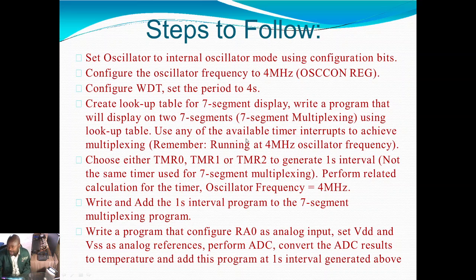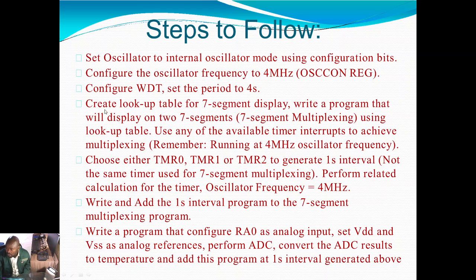So now this is what we need to do. 7-segment multiplexing. There's already a video on 7-segment multiplexing, but I'm just going to go through that part again, but not in as much detail as I did in that video.